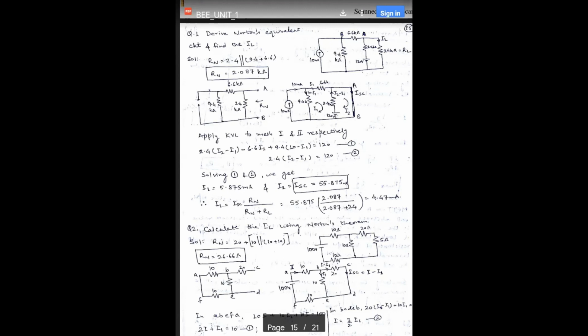If the load current is the same using both methods, then we can say that Norton's theorem is verified. So this is the type of numericals which we can face.